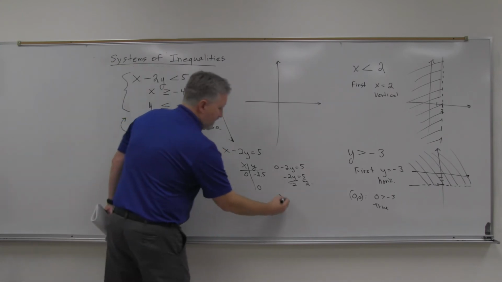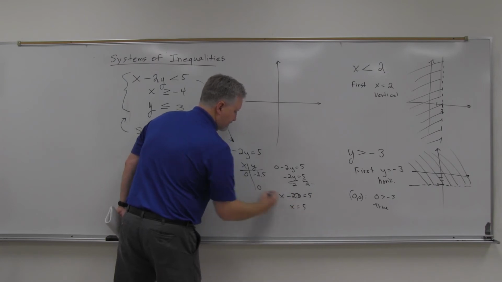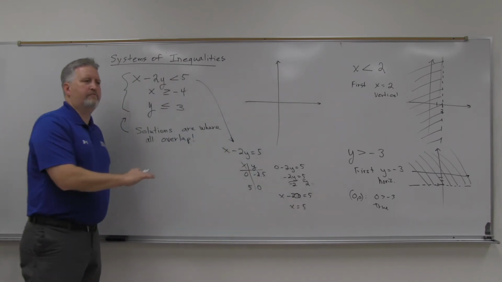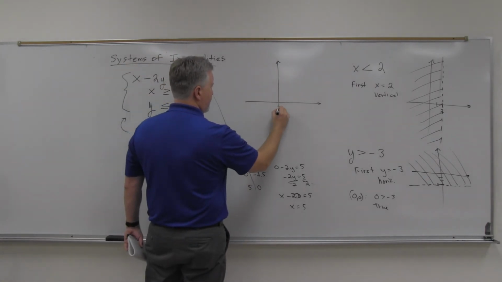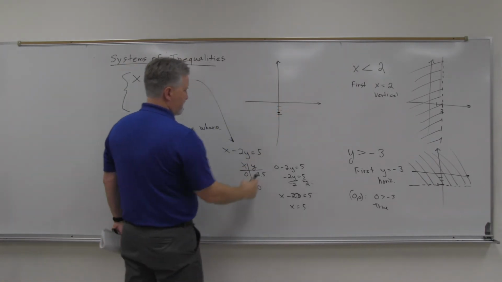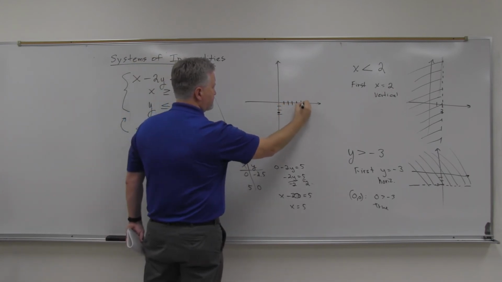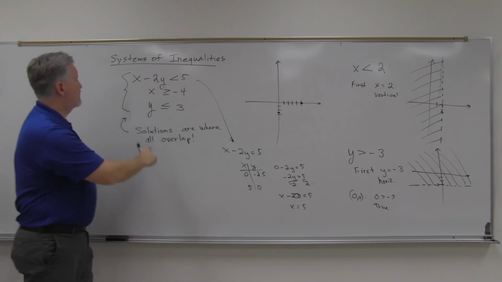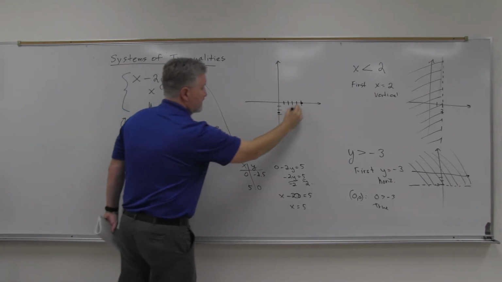If y is 0, I would have a little easier. That's 0, so that would be x is 5. So just 2 points, get a couple points, and you got it. So 0, -2.5, and then 5, 0. And we know, since we don't have the equal to part, that's this dotted line.